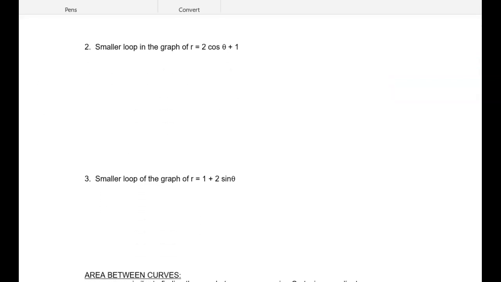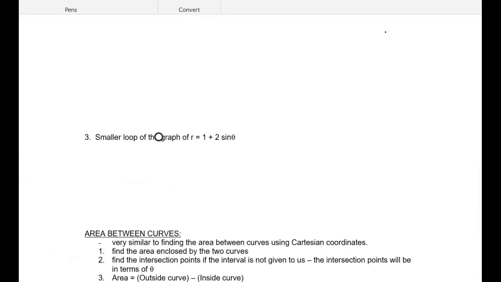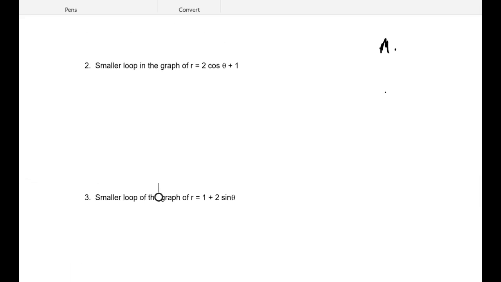Now yesterday we did these where I would have had you graph this by hand. This is something you will definitely want to be able to do on your calculator: graph r equals 2 cosine of theta plus 1. You don't want to rely on what this might look like or having to do this by hand. Let me write little notes over here. You'll go into your mode. I've already shown you how to do parametric mode.